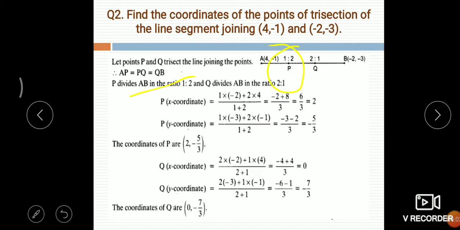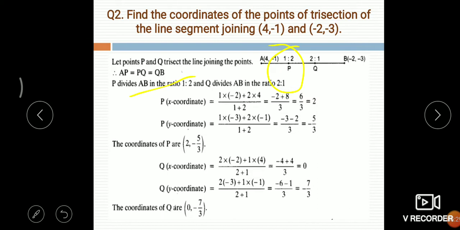See here. On the left hand side of the point P, how many parts are there? Just one. So we will take 1 as m1. And how many parts or sections are there on the right hand side of P? It is 2, PQ and QB. So the ratio we will consider here is 1:2 when we calculate the point P, right?